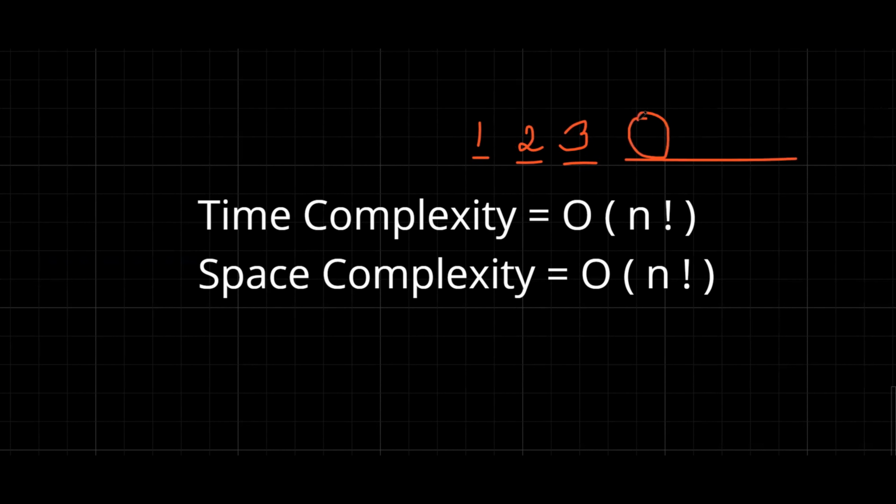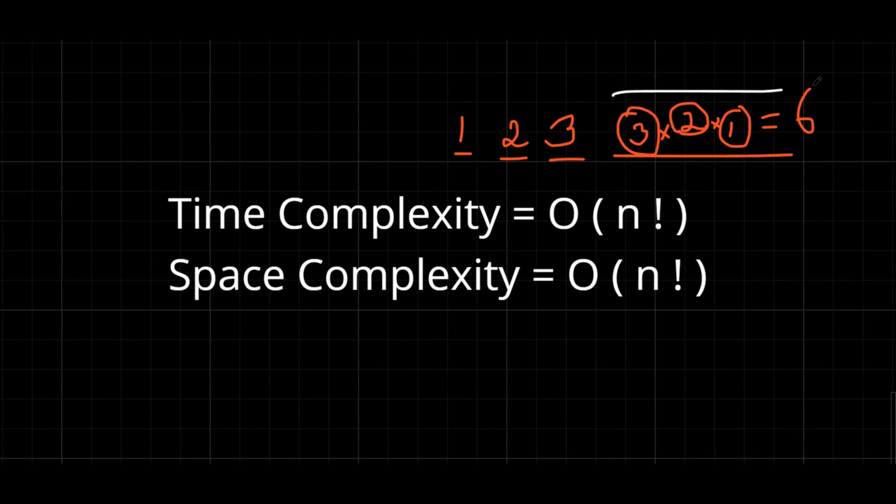And after choosing one element in the first index, for the second element, we have only 2 choices. And after selecting the first 2 elements, for the last index, we have only 1 choice. And the total choices are 3 times 2 times 1, which is 6. So this is the result of 3 factorial, where 3 is the size of the vector.